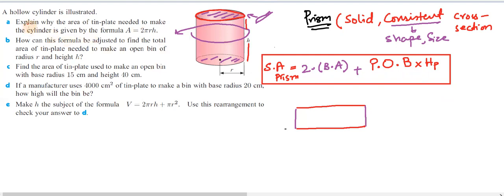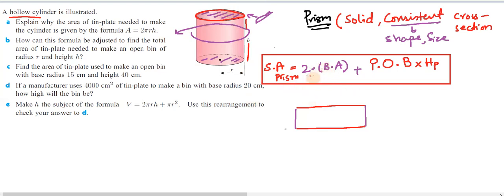Let's see. Explain why the area of tin plate needed to make the cylinder is given by this formula. At the top, it's a hollow cylinder. If it's a hollow cylinder, it means it doesn't have any of these base areas that we used.